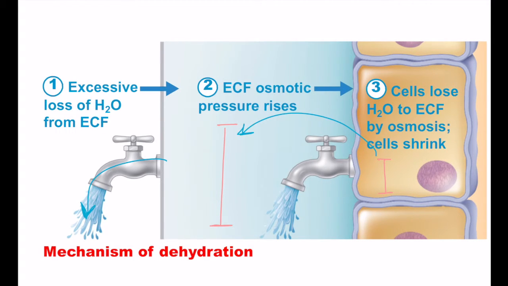And as we've discussed many times before, water always travels from low solid concentration to high solid concentration by osmosis. So water will start to flow to the side with higher osmolarity, meaning leaving the cells to the extracellular fluid compartment. What's going to happen as a result of this water movement? The cells are going to be shrinking.